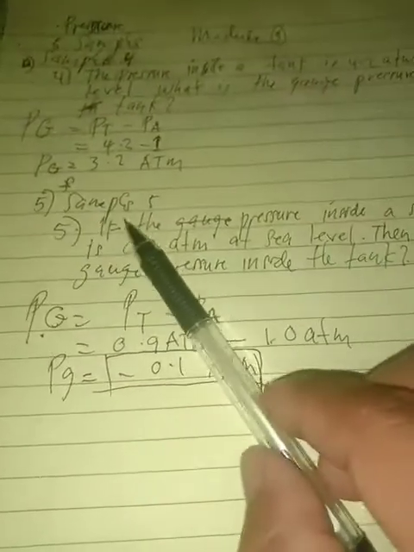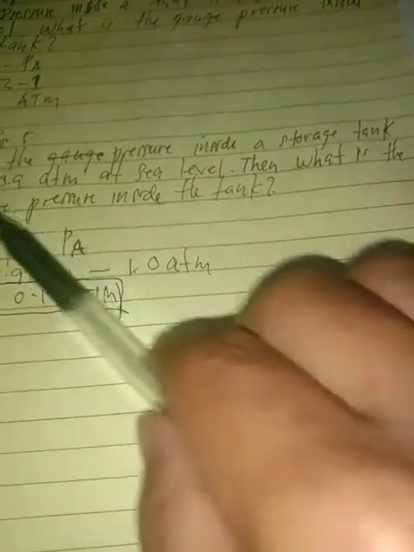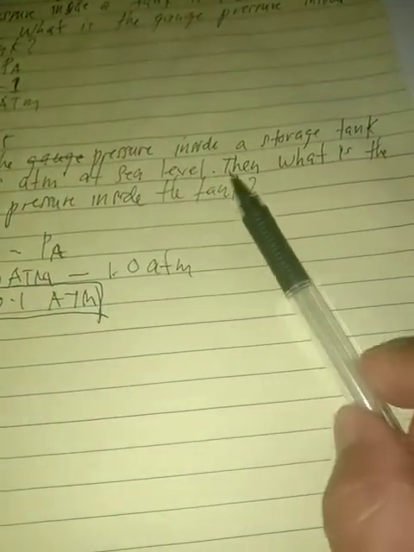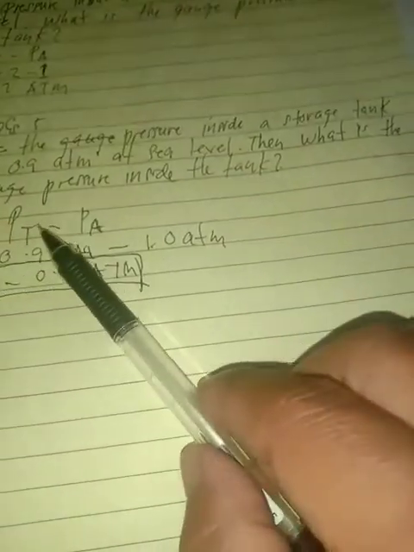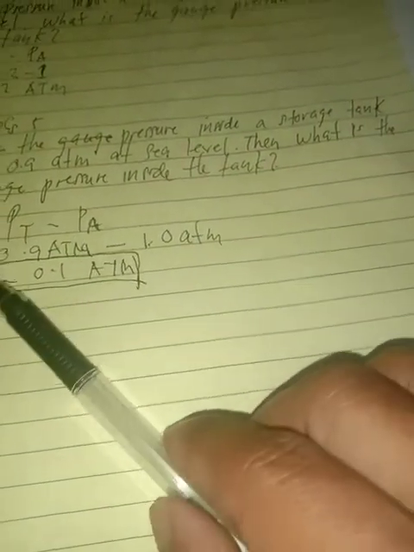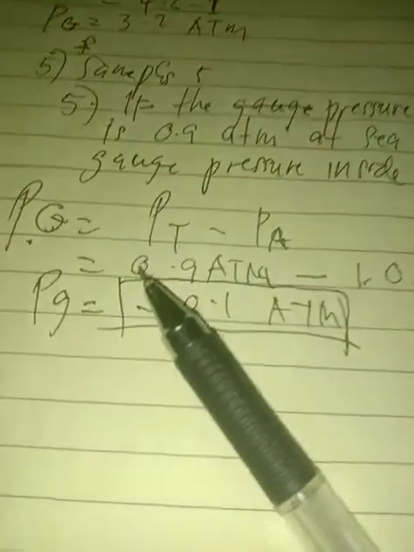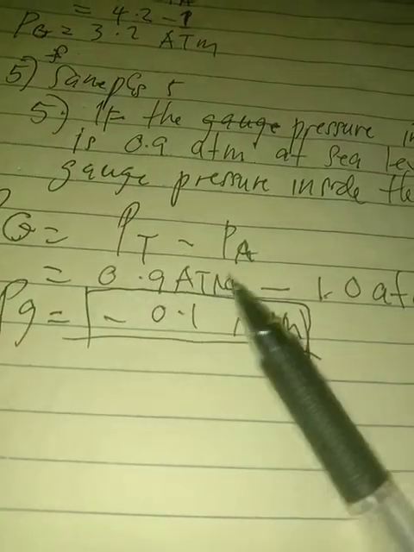In problem number 5, if the gauge pressure inside a storage tank is 0.9 atm at sea level, then what is the pressure inside the tank? So PG equals PT minus PA. Now our PT is 0.9 atm.